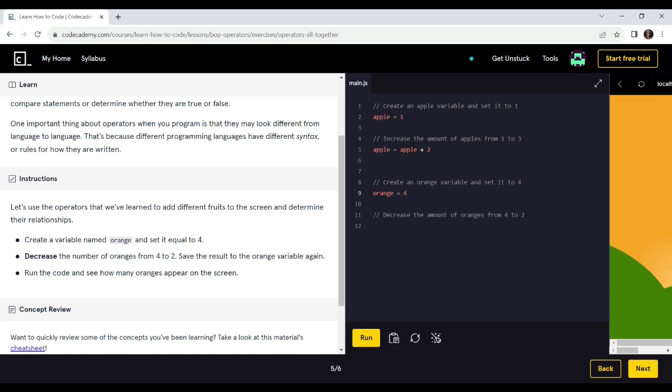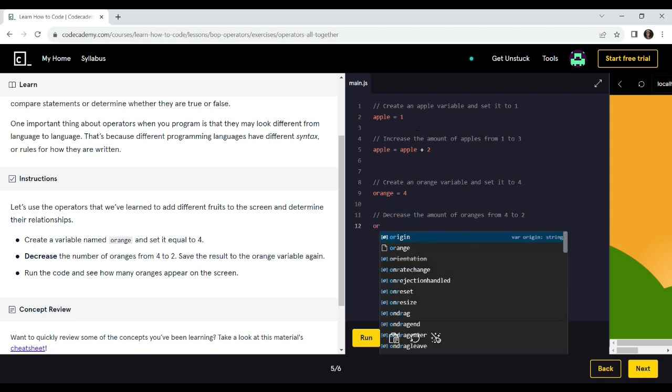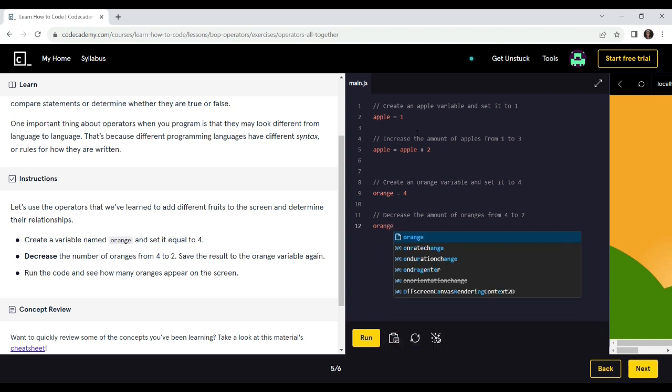So below the note that begins with decrease on the compiler, I'm going to write that orange equals the first variable orange minus 2. Then the last step is simply to run the code and see how many oranges appear on the screen.